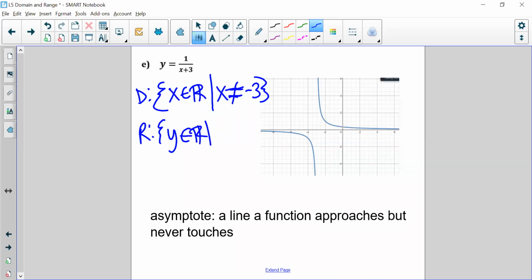Yeah, exactly. Y is everything except for 0. Fantastic. So I know this is a concept that's new as far as trying to analyze things that are not quadratics. You're just looking at a random variety of functions and trying to describe based on the graph, where does this function exist and what limitations currently are there.